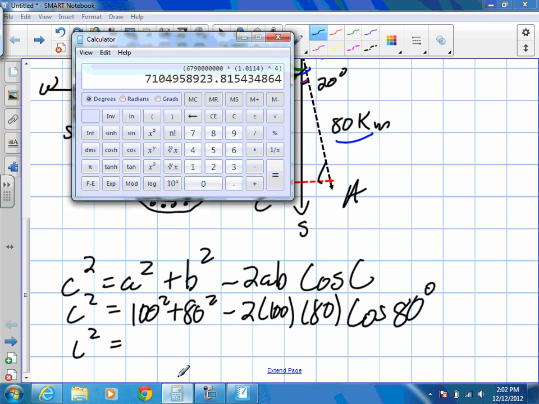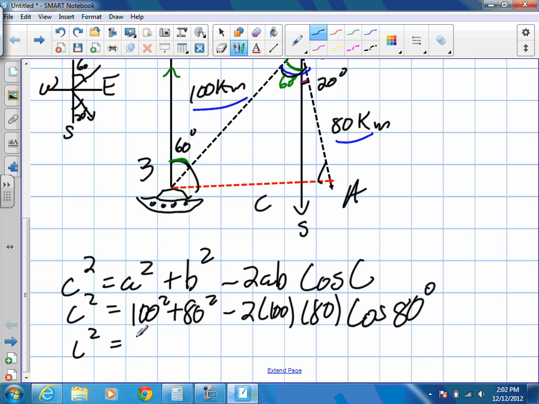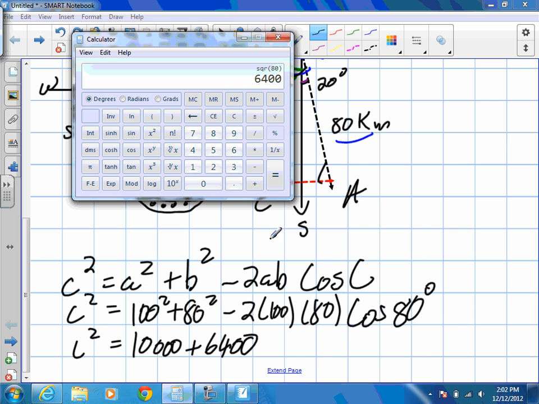100 squared is what? 10,000? Yep. And 80 squared is 6,400. So we have 10,000 plus 6,400. And then we have our negative 2 times 100 times 80. Negative 16,000, or in other words, subtract 16,000.